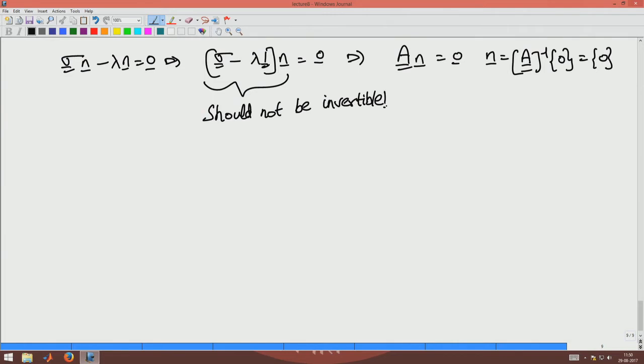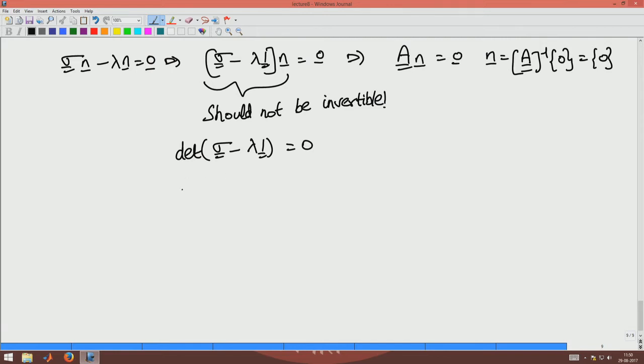What does that mean? That means the determinant of sigma minus lambda times identity must be equal to 0. The determinant of that matrix has to be 0. Now, what is this?